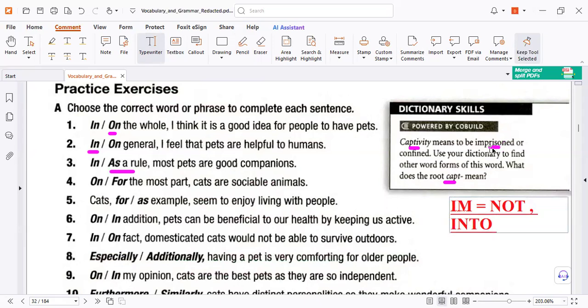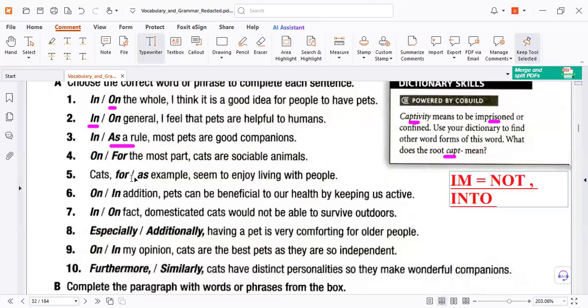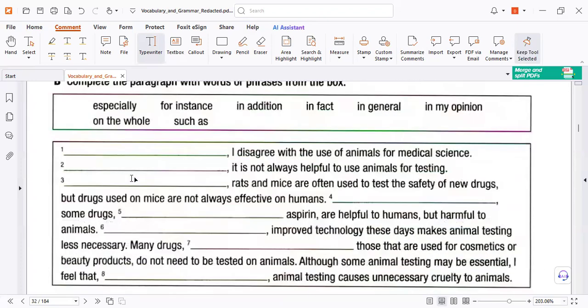So here, in prison, to be into prison, or confined. Confined here is like to put it in a closed room. So confined means imprisoned. So here captain means it's just like to catch someone. So after revising these, you can answer at home.